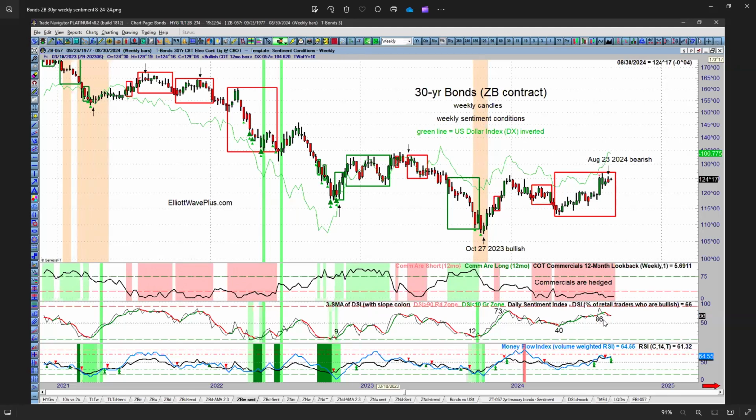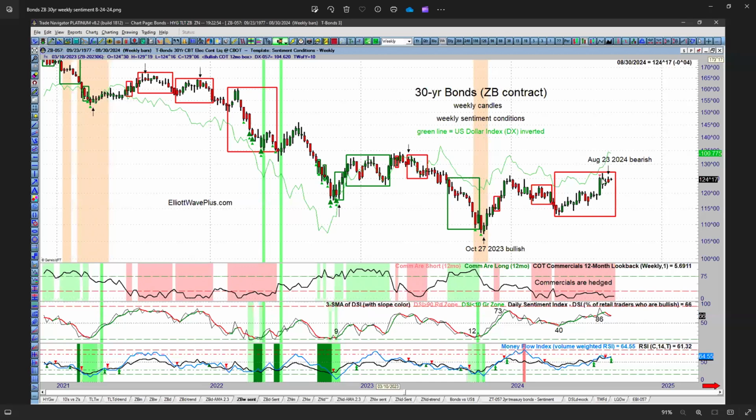This next indicator here is daily sentiment index. So this represents the current bullishness or bearishness of retail traders. So notice that this indicator moves from anywhere from 0 to 100 on a scale. We recently saw retail traders right here, that's that little triangle right there, 86% of retail traders were bullish on bonds.